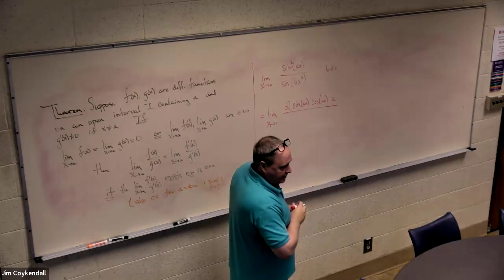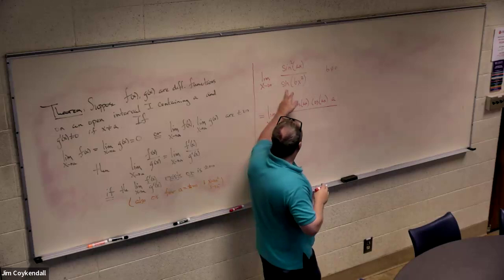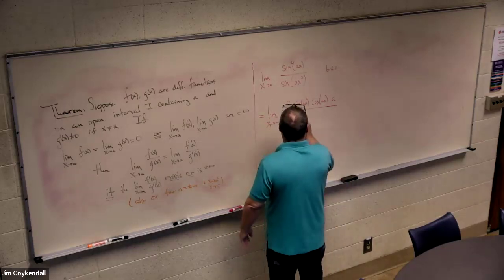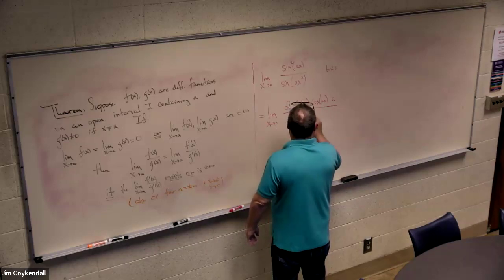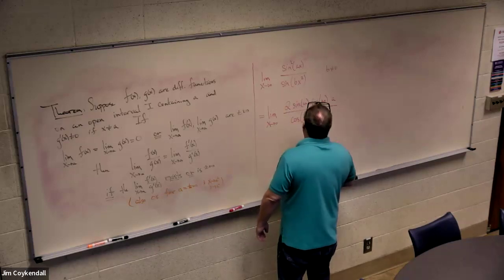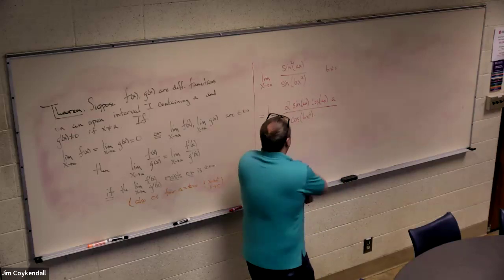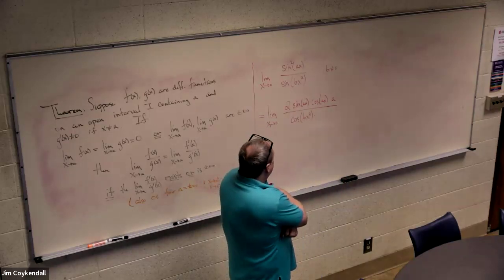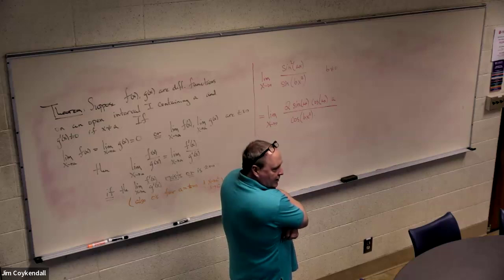Everybody follow this one? I think this one's a little bit easier. The derivative of sine of blob is cosine of blob. Now I multiply by the derivative of what I find inside.